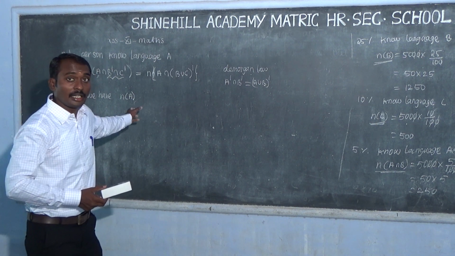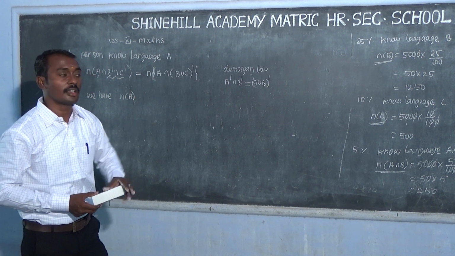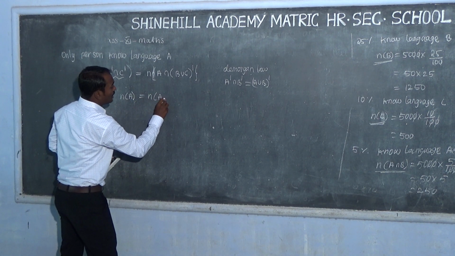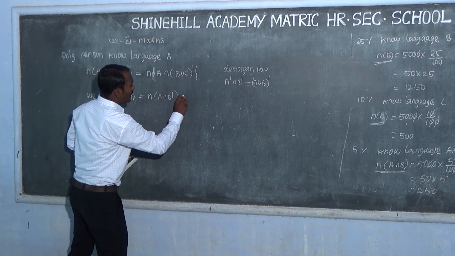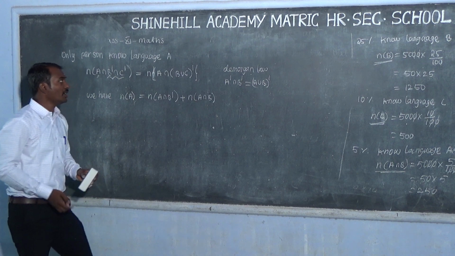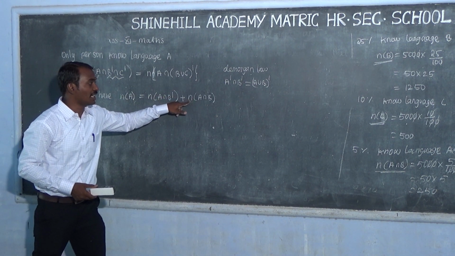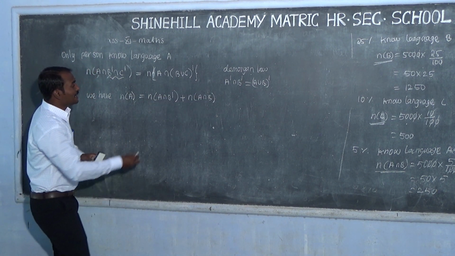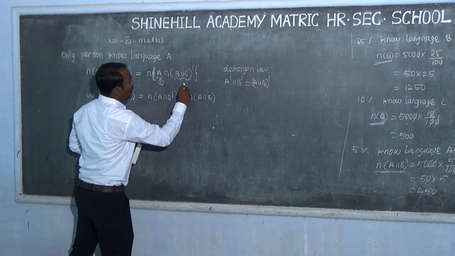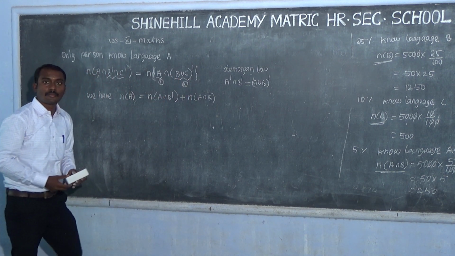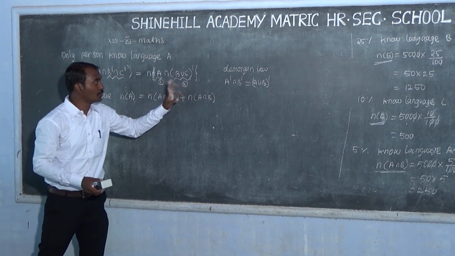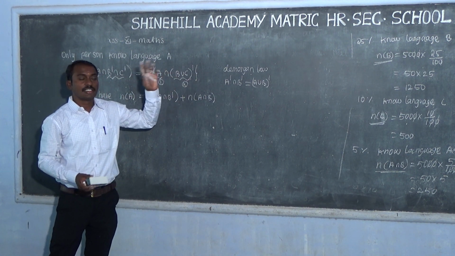We already studied it in 9th standard and 10th standard also. n of A value is n of A intersection B dash plus n of A intersection B. Consider the first part as 1 and the second part as 2, the total of B union C the whole dash.